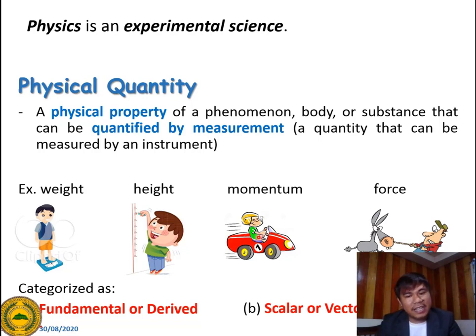Velocity, on the other hand, is a derived quantity, because from its definition, we have distance over time. So distance is in terms of length over time, and then you divide it by time to create acceleration. That's why acceleration is also a derived quantity.